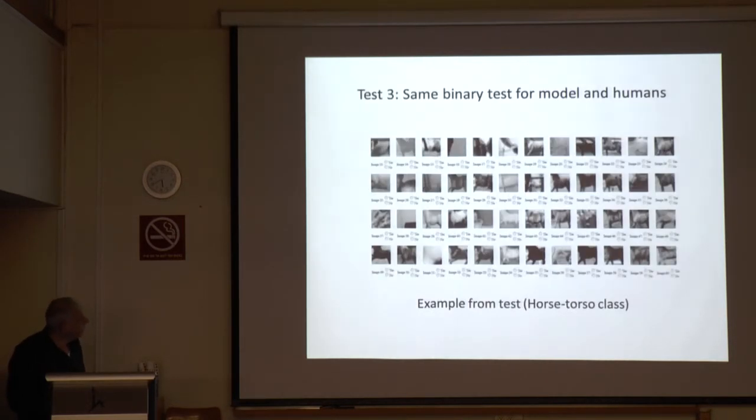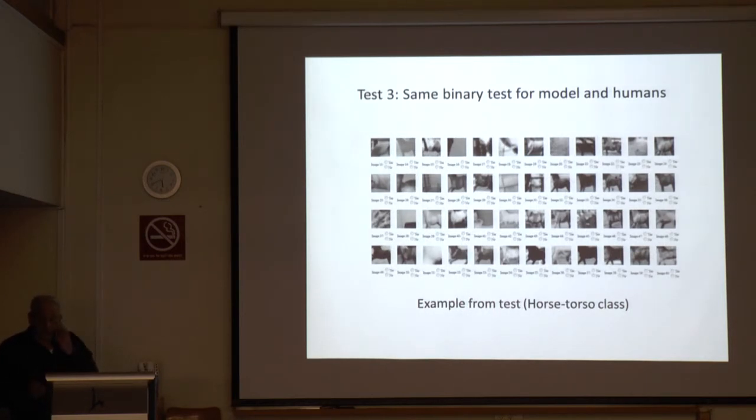And finally, there was a number of other tests. One other test that I will mention was testing and training humans on exactly the same images that the models are tested on.